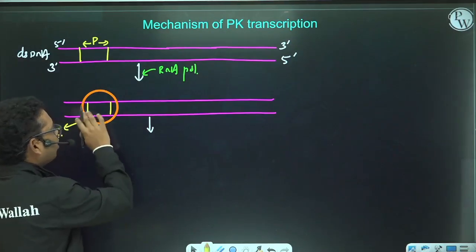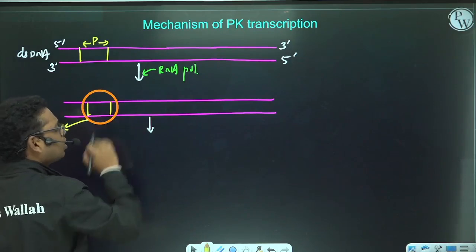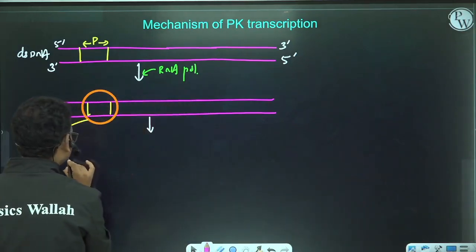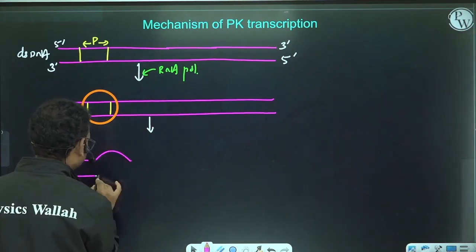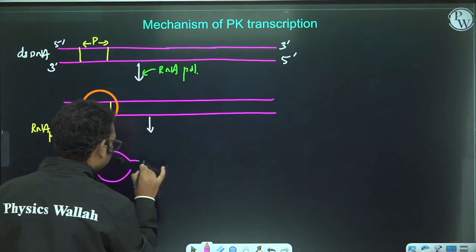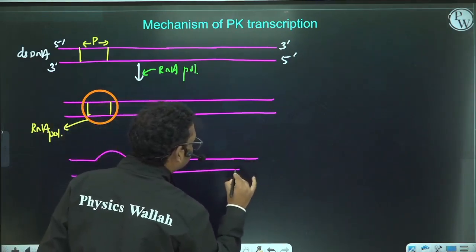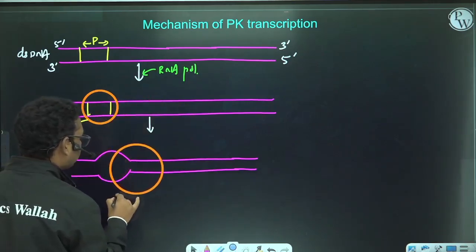Now what will happen? The hydrogen bonds will break in the promoter area where the RNA polymerase is bound. Okay, so here I have the RNA polymerase.